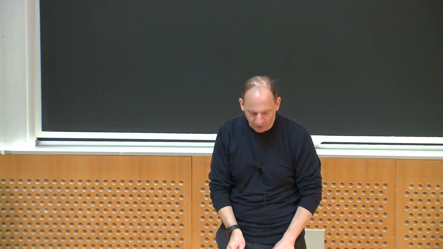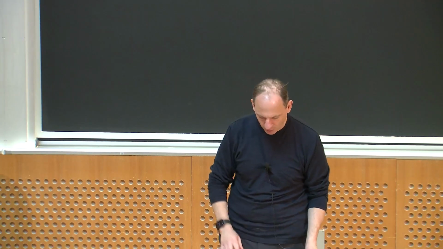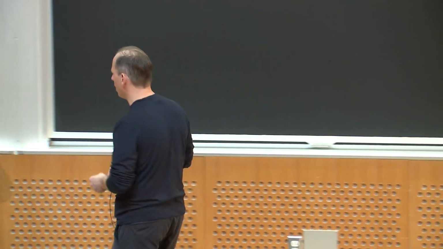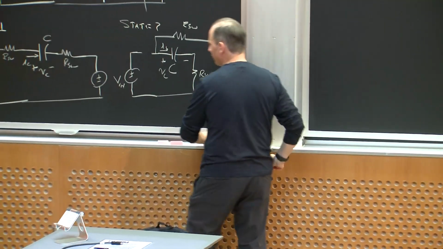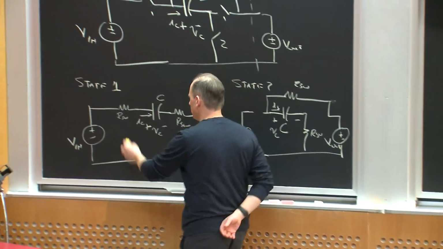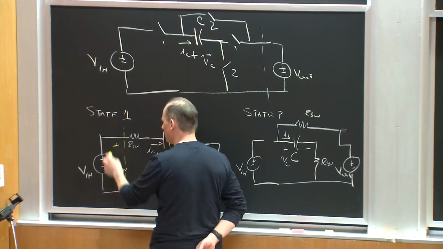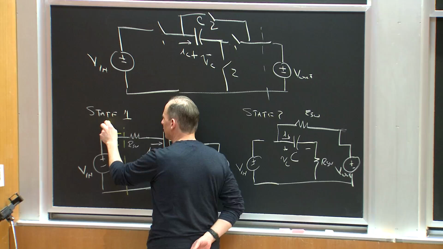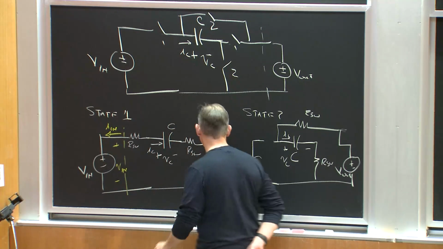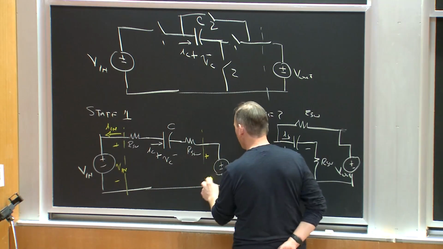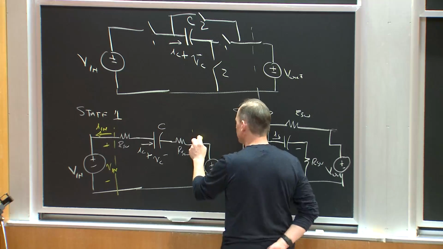Now, in order to analyze this, what I'd like to do is focus on, here I have V in. Let me talk about the current I in going into V in. Okay? And here I have V out. And here's I out.